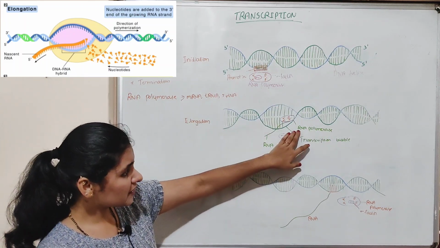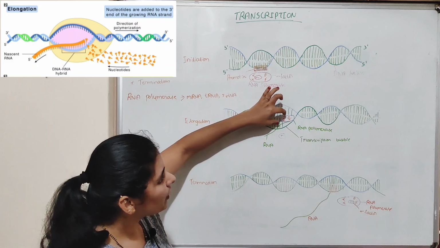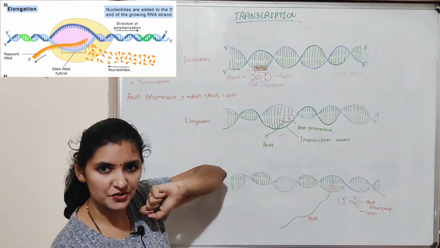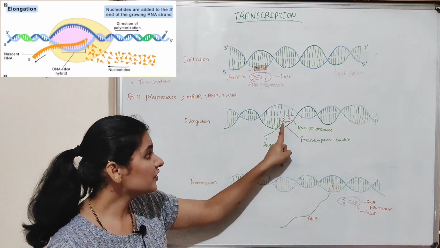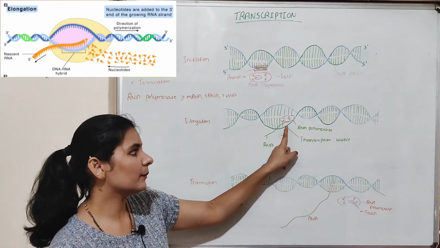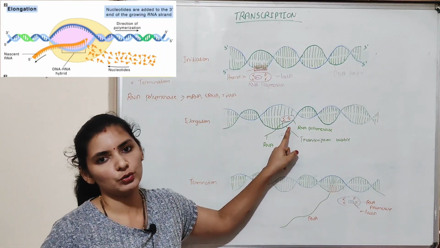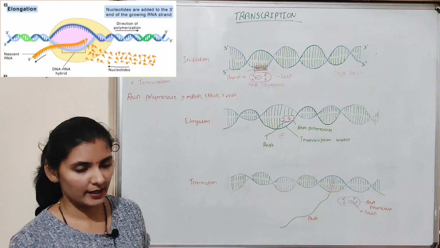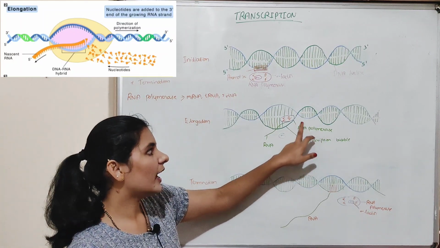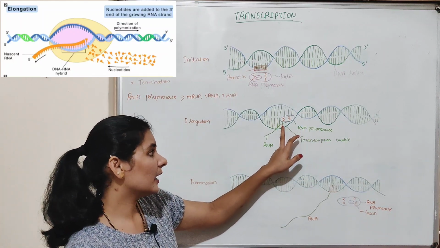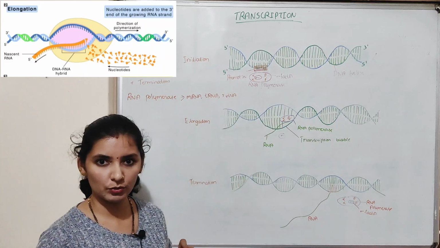In the elongation step, this RNA polymerase will move along the DNA template strand, during which for each exposed base of the template strand, it will add a ribonucleotide based on complementarity. RNA polymerase adds a ribonucleotide to the 3' OH end of the previous ribonucleotide.